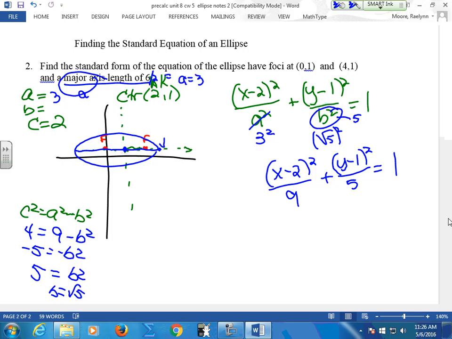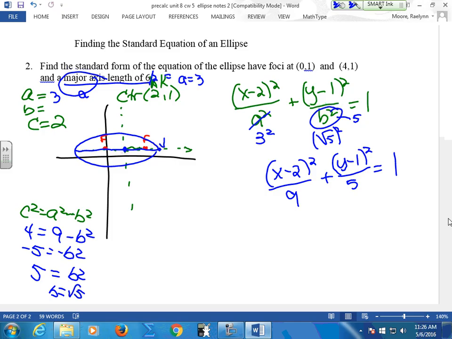I've got my center. Center is always in the middle of your foci, in the middle of your co-vertices, in the middle of your vertices. But the key to this, guys, is use one piece of information until you've exhausted it, and then go to the next piece of information. I find myself, if I put too many things on my graph at the same time, it's confusing for me because I'm like, what am I supposed to do with this?